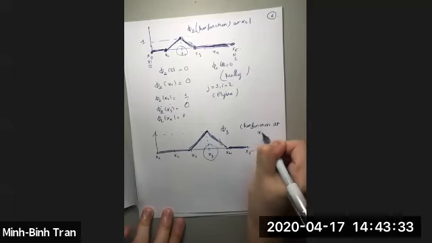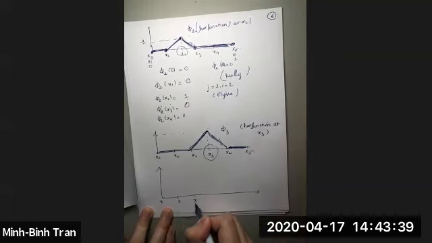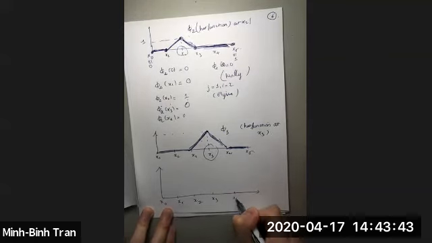At x3, right? And this is x0, x1, x2, x3, x4, and this is the last function. This is phi4.